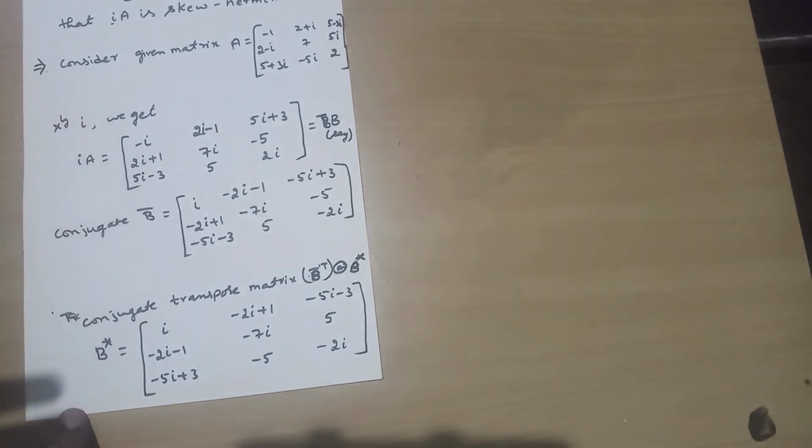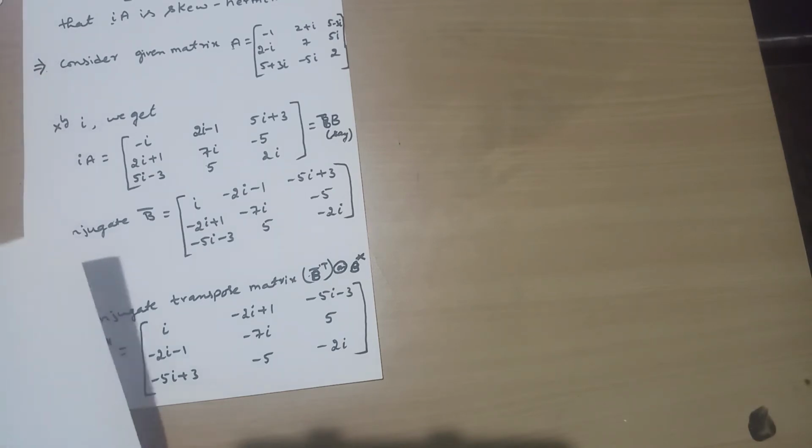So this is your B star. So if I take minus outside, what do I get here for this matrix?